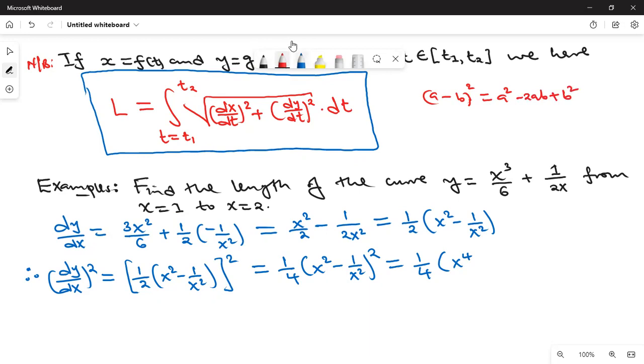You take note of that. So, in this case, our a is x squared and our b is 1 over x squared. So twice of that, that would be minus 2, because when you multiply a and b, those would cancel, that's 1. Then plus 1 over x raised to 4.